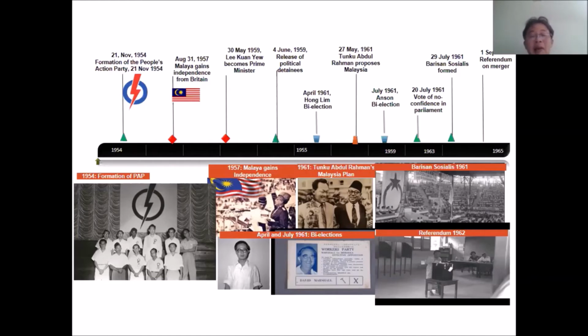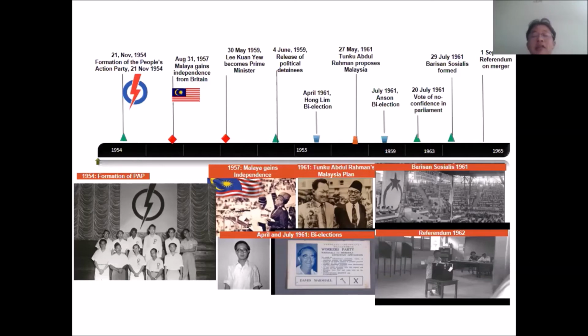In the meantime, within Singapore, there are things that are happening in Singapore and the PAP which divides the leadership even further. In April 1961, the ex-mayor of Singapore, Ong Eng Guan, resigns from the PAP, takes part in elections, and wins as his own candidate. This splits the PAP in terms of that.